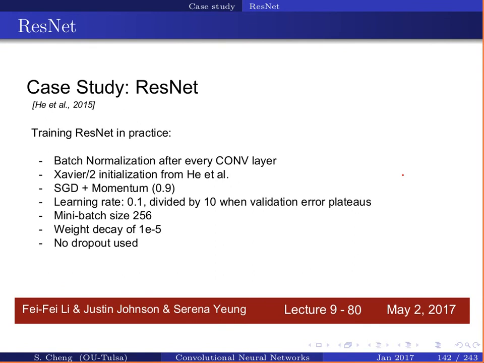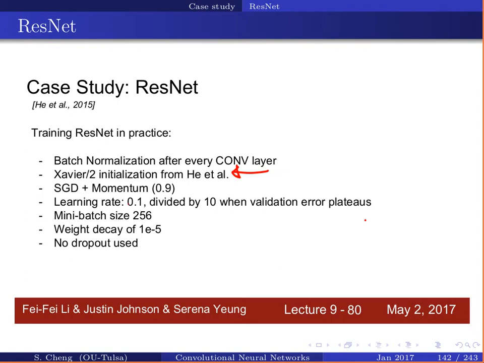A little bit of detail for training, they use He initialization and batch normalization, and remember we mentioned this weight initialization trick, right? That was introduced in this paper also. And they use SGD with momentum, and the learning rate is pretty standard.